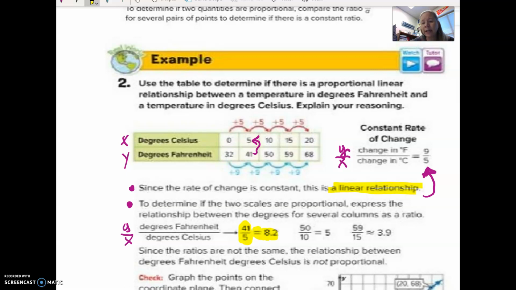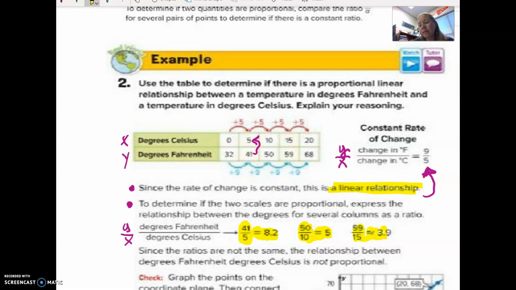Now we can do it again with the next set. I can take the next one and do 50 over 10. Well, 50 over 10 is 5. So I can already see that these two are not the same. They are not proportional. The book also goes further and does the next one, 59 over 15.